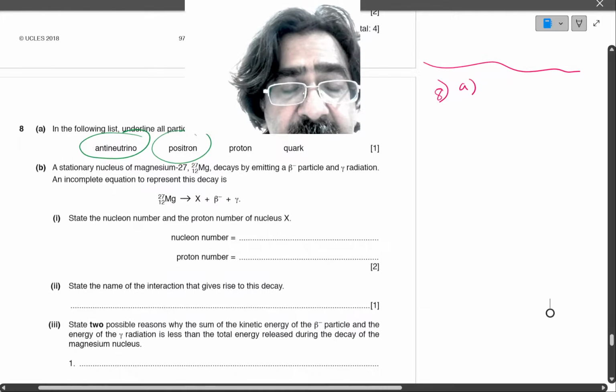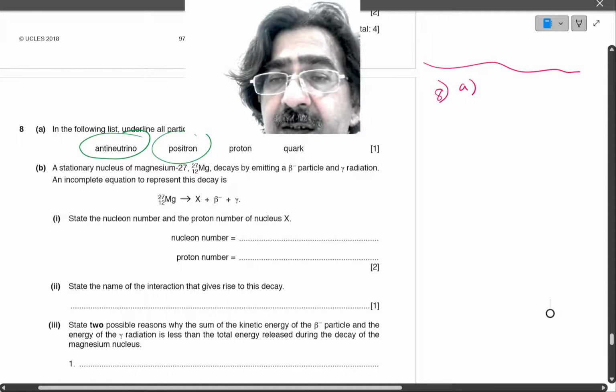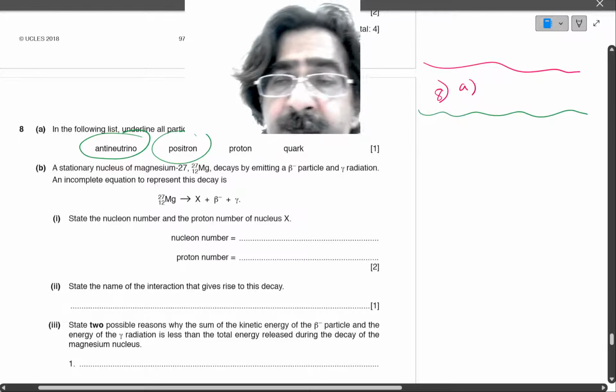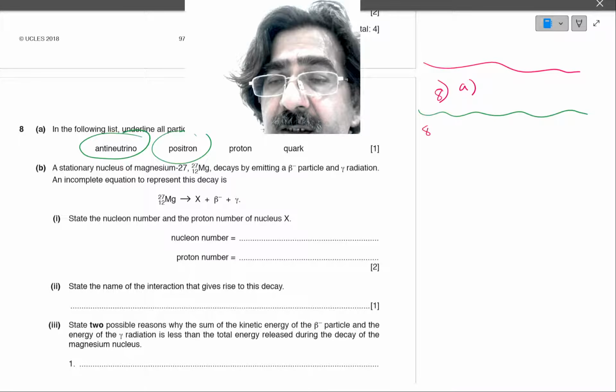The next question is B part, question number 8.